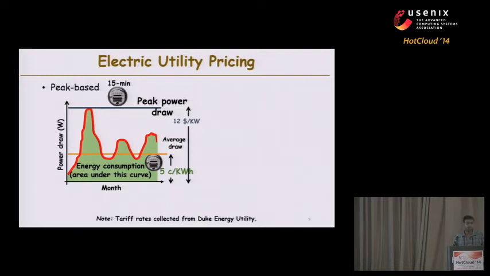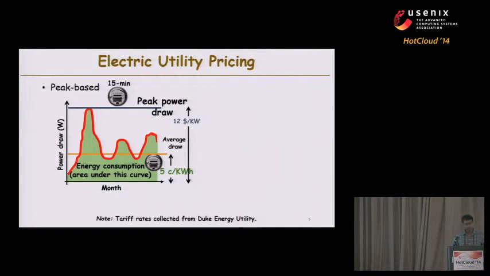In addition to this, the electric utility will also keep track of the peak power consumption, which is highlighted in that figure, which will be multiplied by another factor. In this example, $12 per kilowatt. Notice the two have different units. The second one is in terms of dollars per kilowatt.